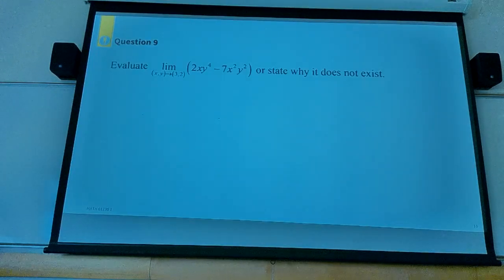All right, multivariate limits. Here's the general idea. You want to use the properties that we looked at last time. Difference property.